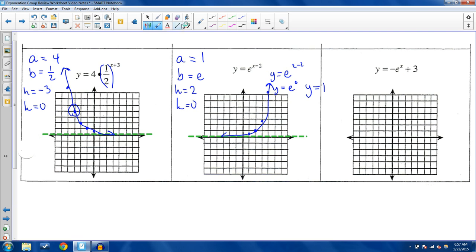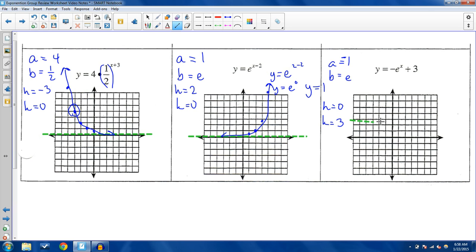Okay, final graphing problem. Y equals negative e to the x plus 3. A is negative 1. B is e. H is 0. K is 3. Start with my asymptote.